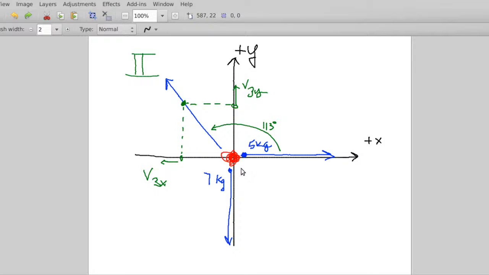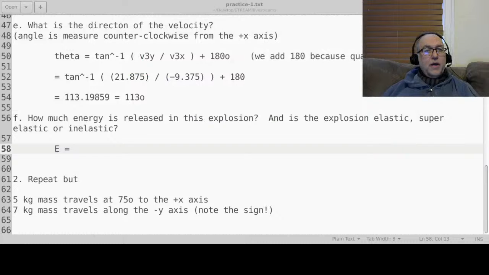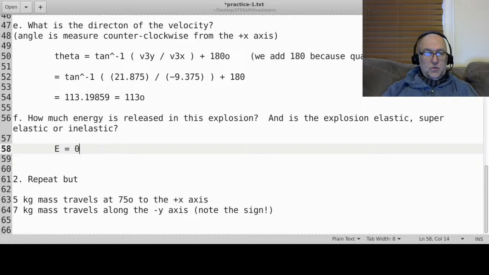It's just sitting there, not moving, and so it has no energy. I know that there's energy at the chemical level, but all we know is what's called mechanical energy, the energy of things moving. So we just say it doesn't have any energy initially. The initial energy is 0 joules.